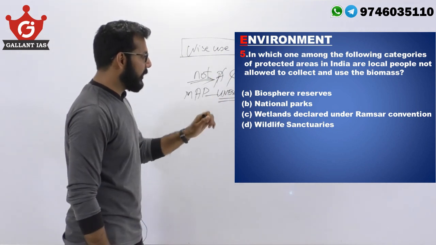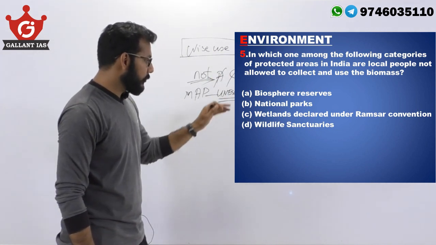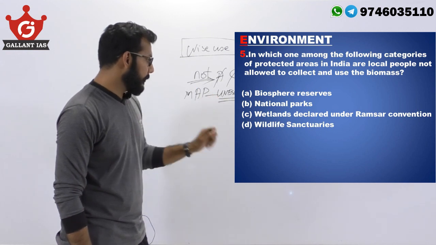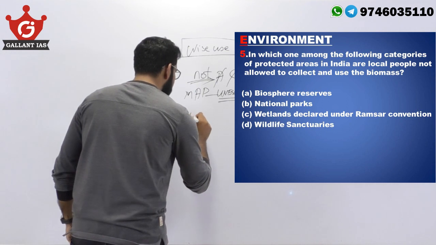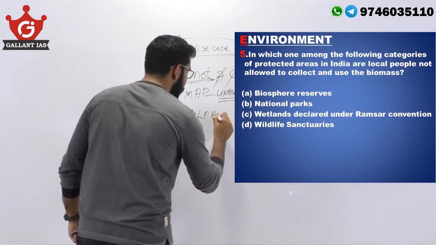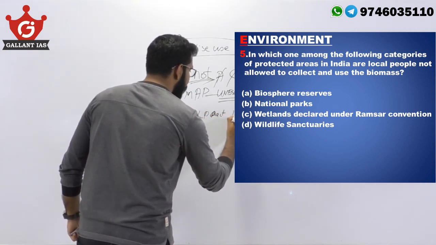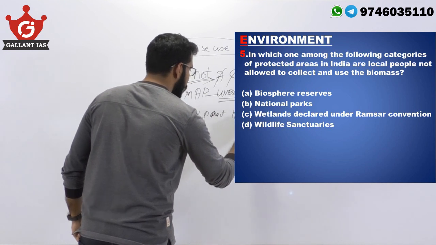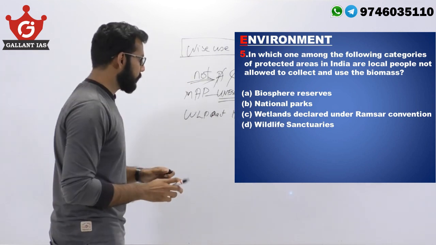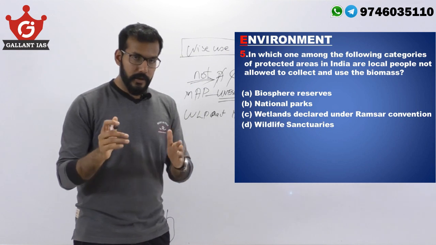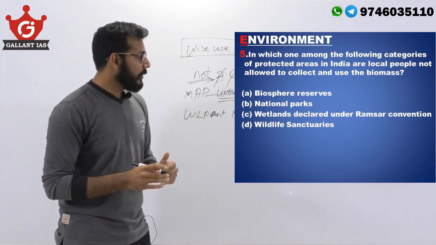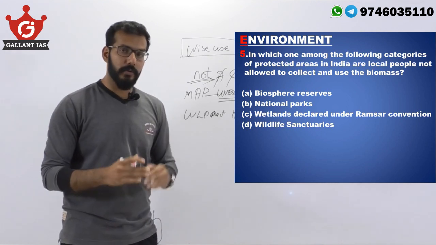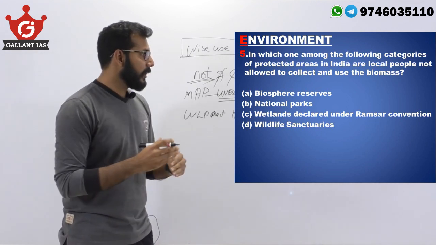Now we are left with B and D. National Park and Wildlife Sanctuaries, they are both constituted under Wildlife Protection Act of 1972. But there is a peculiar difference between national parks and wildlife sanctuary in that national parks do not allow local people to collect and use biomass.